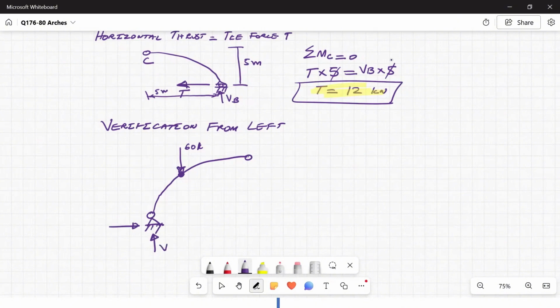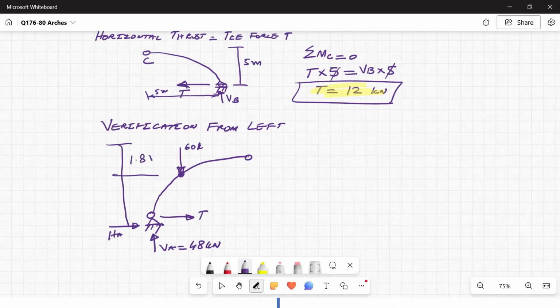VA is known, which is equal to 48 kilonewton, and we have HA, and here we have T, and this distance is 1.8 meters and 3.2 meters, and the load is applied at 2 meters plus 3 meters.